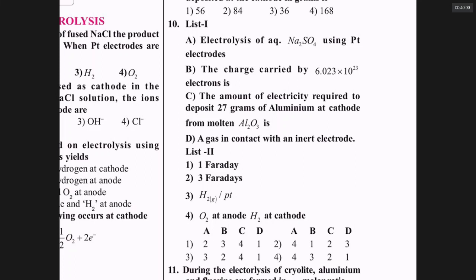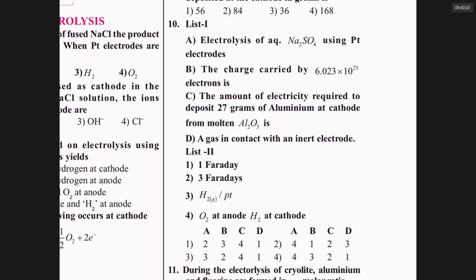For reduction, the one with high reduction potential undergoes reduction preferably. Therefore, neither the sodium ion nor the sulfate ion undergoes any change in the electrolysis. First the water will undergo reduction and produce H2 gas and OH minus. At the other electrode, water will undergo oxidation to produce O2 gas.